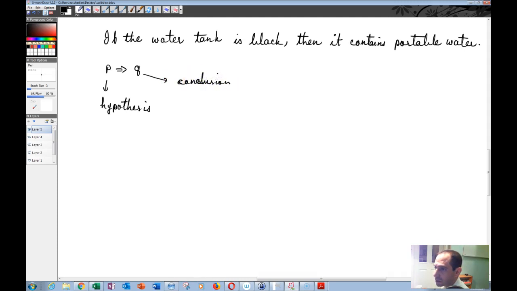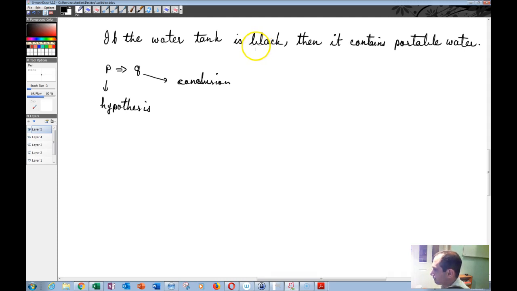So your hypothesis is that the water tank is black, and your conclusion is the tank contains portable water.